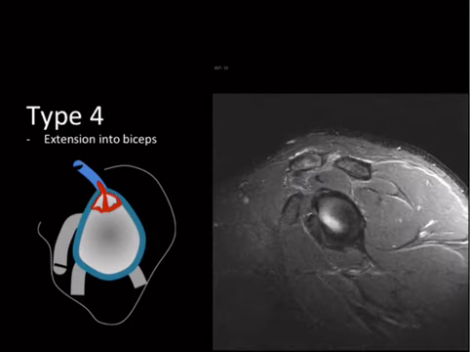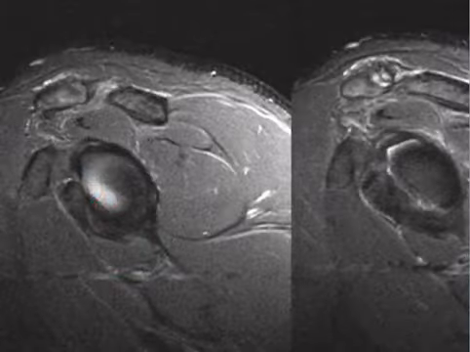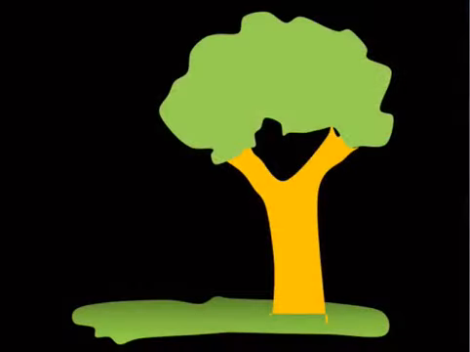I'll show it to you. So we're looking right here. See that signal right there? See it now? Right here. It's a good way to show that. Boom. So tearing extending into the biceps tendon, type 4 SLAP. That one gets a tenodesis.